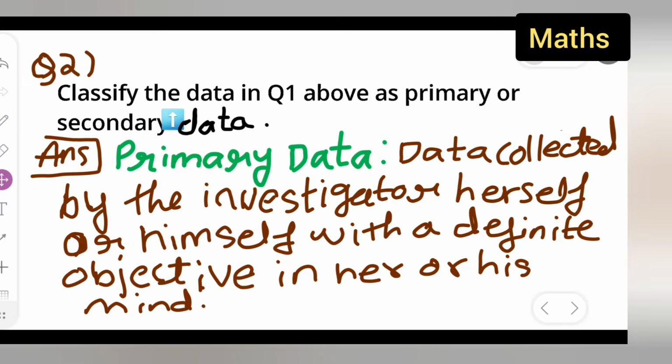It says: classify the data in question number 1 above as primary or secondary data. But before that we need to see the definition of primary data. Data collected by the investigator herself or himself with a definite objective in her or his mind is called primary data.